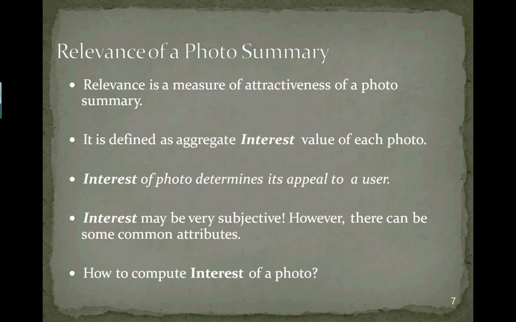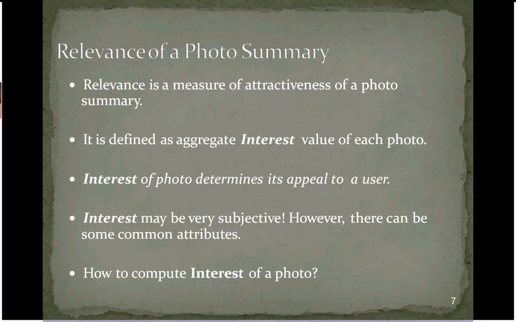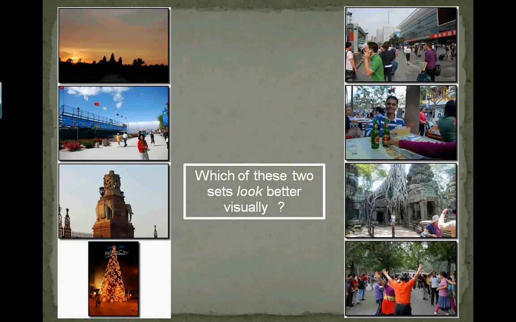Relevance is a measure of attractiveness of a photo summary. It is defined as the aggregate interest values of the photos present in the summary. Interest of a photo determines its appeal to the user. As an example of photo appeal, let us look at the two sets of photos shown on the left and right. People like color photos.